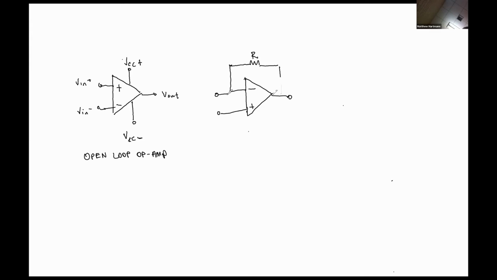Obviously there would be signals connected, but this is an example of a negative feedback circuit because there is a conductive path between the inverting input terminal, or the negative terminal, and the output terminal. Negative feedback amplifiers are inherently extraordinarily stable, which is why the overwhelming majority of circuits that we'll deal with will be of this type. So this is negative feedback.